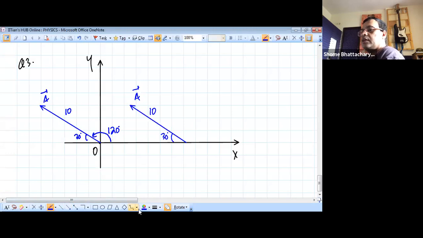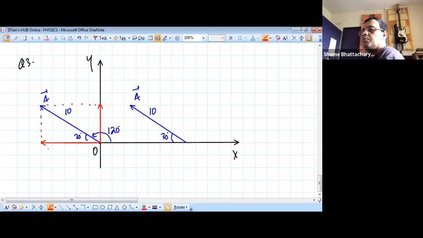So now you can understand the components in two ways. One is in the diagram. You can see that this component and this component, how much will they be?